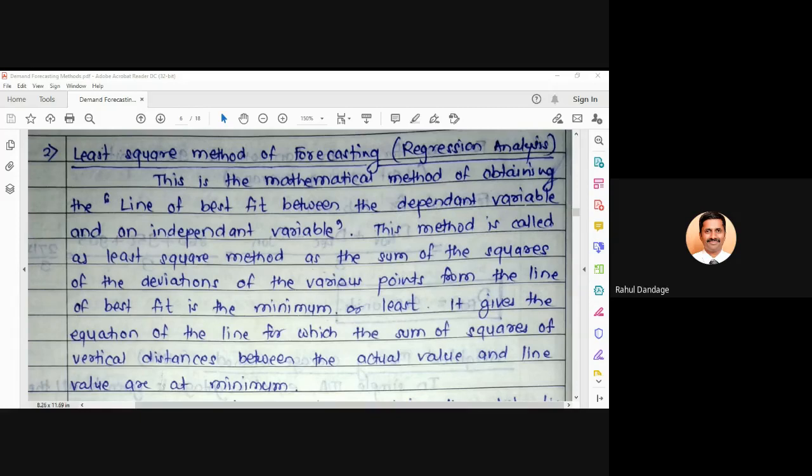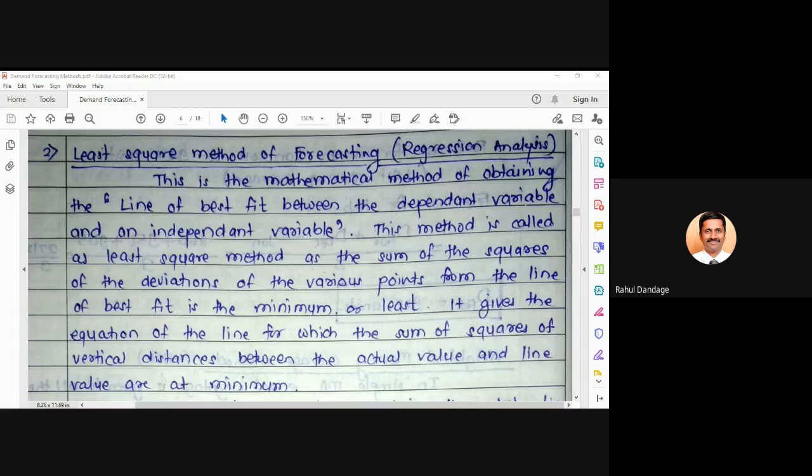If we look at the syllabus for MMS project management, this method is not mentioned, but considering one question which appeared in the university examination paper for project management, we'll try to understand this particular method of demand forecasting.